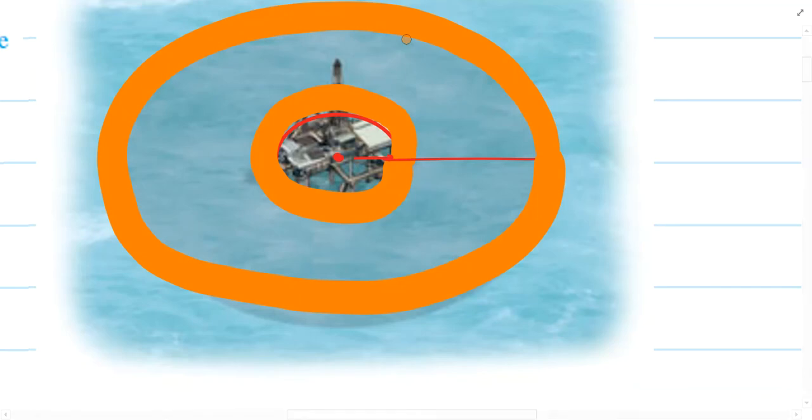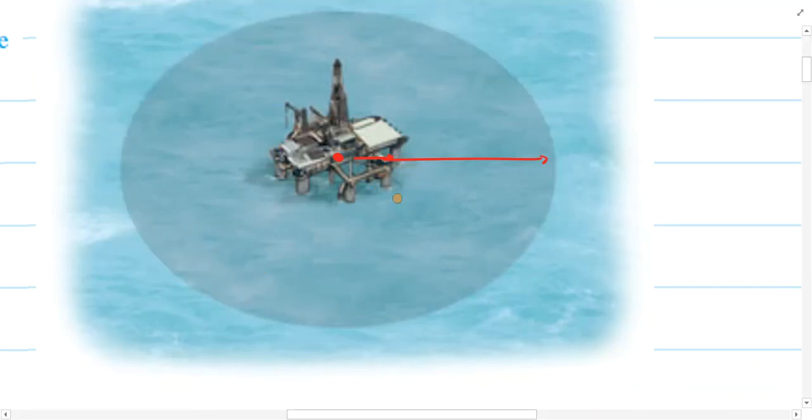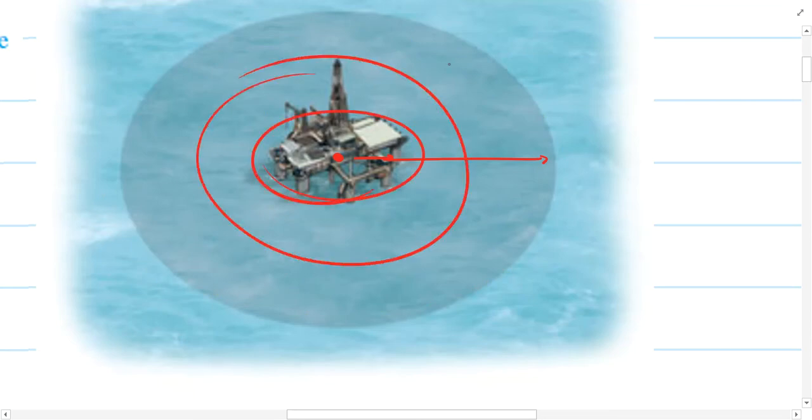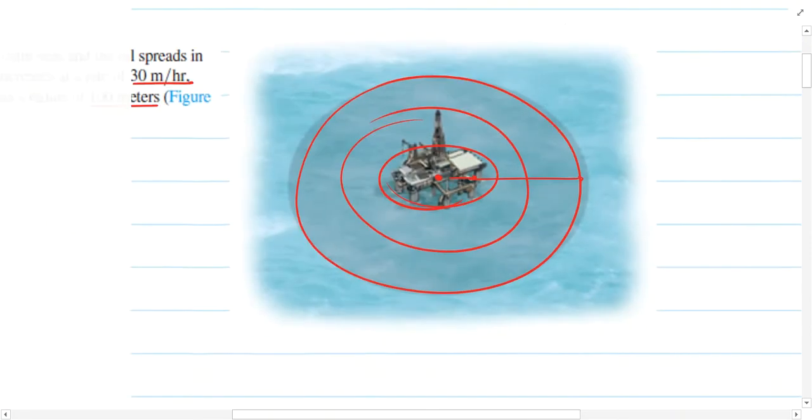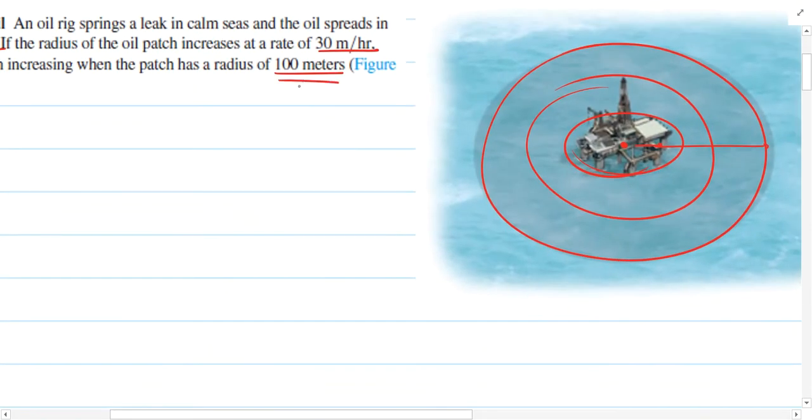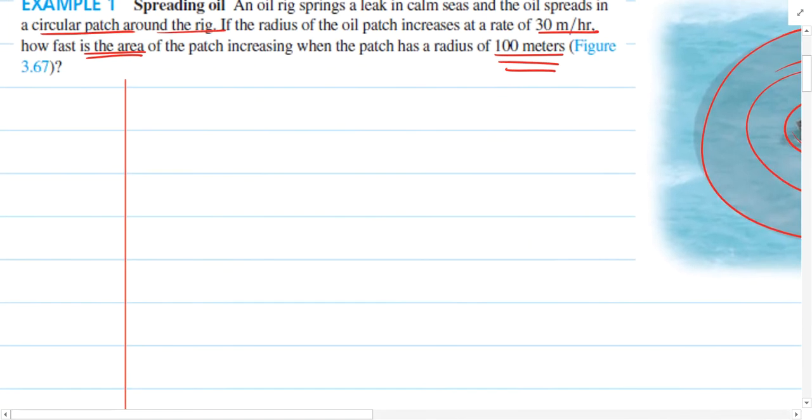It's quite a bit larger as well. And so that's what we're trying to focus on. Since the area is changing at a different rate as time passes, we would like to know how the area is changing at this particular moment.